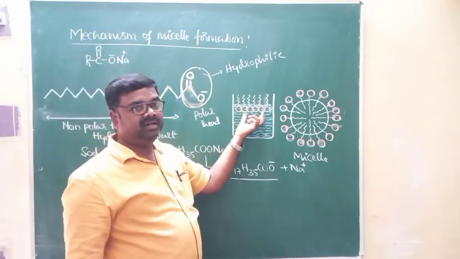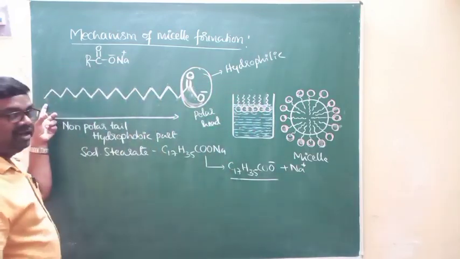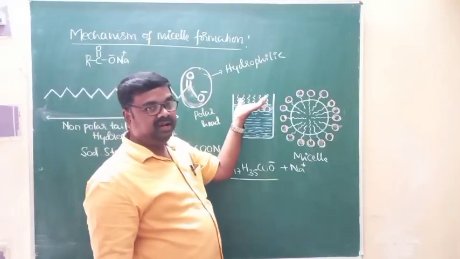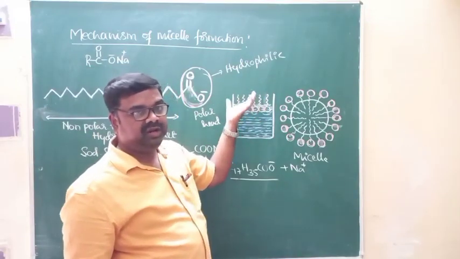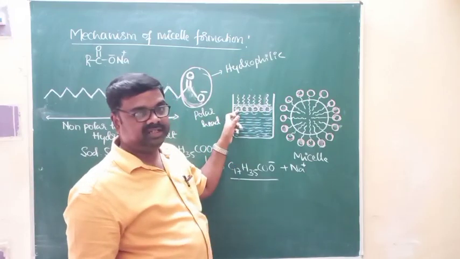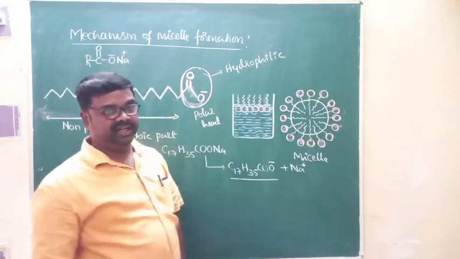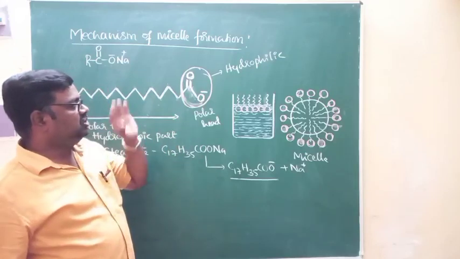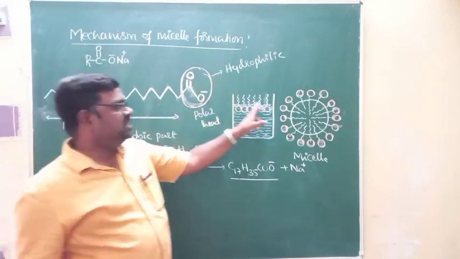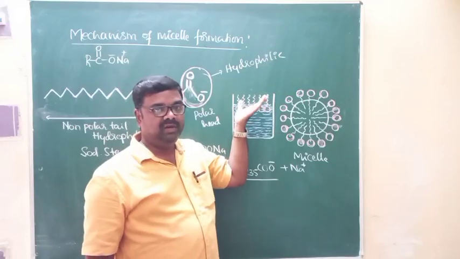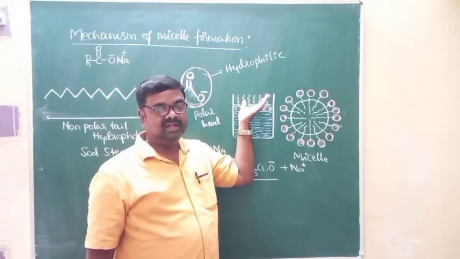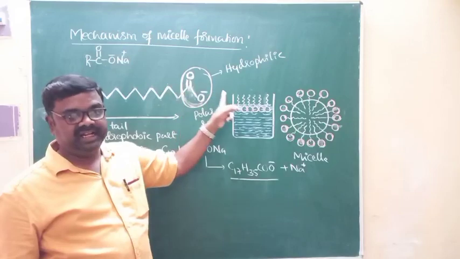It will remain in water, whereas the hydrophobic part will be away from the surface of water. This is how the soap molecules remain at the surface of water at lower concentration. That's why these soap molecules are called surface active agents, because as they remain at the surface of water, they are called surface active agents.